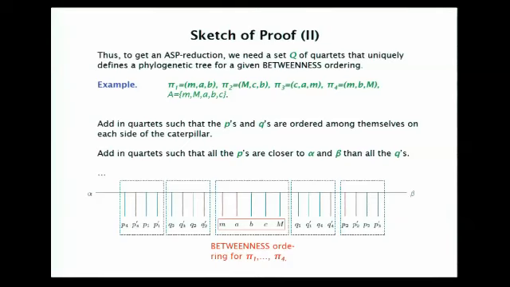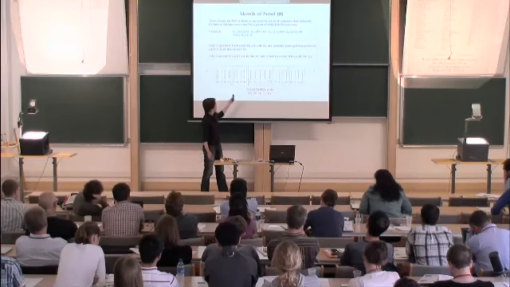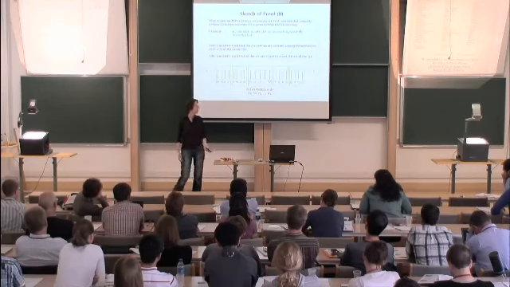And just to note, it's not trivial because you're given an instance of betweenness, but you're not given the ordering. So you don't know which of the P's are on either side and which of the Q's are on which side.